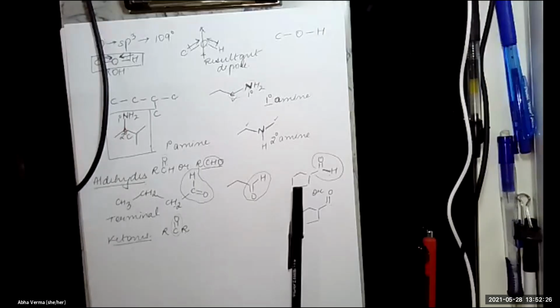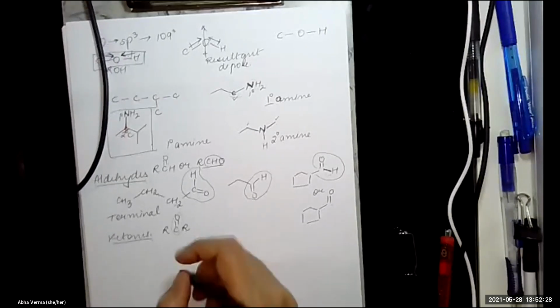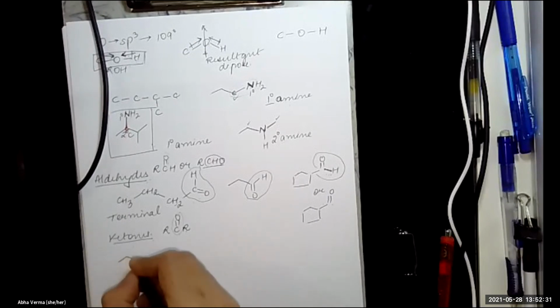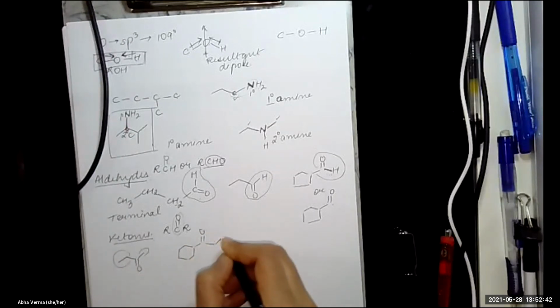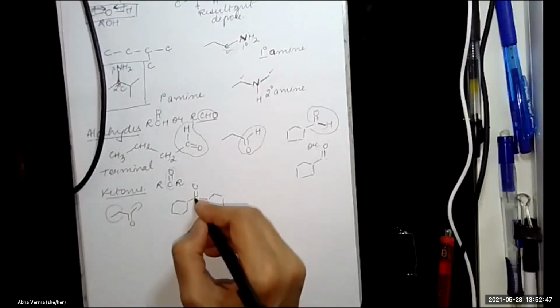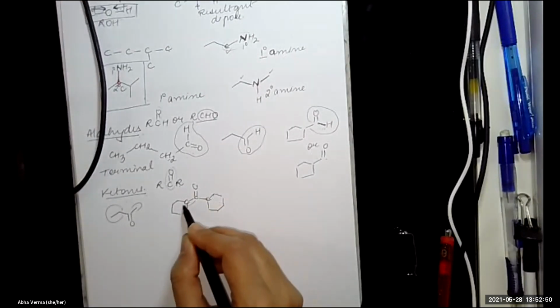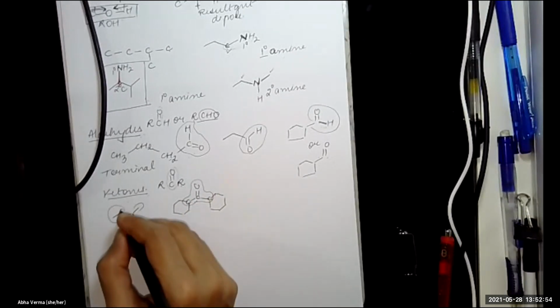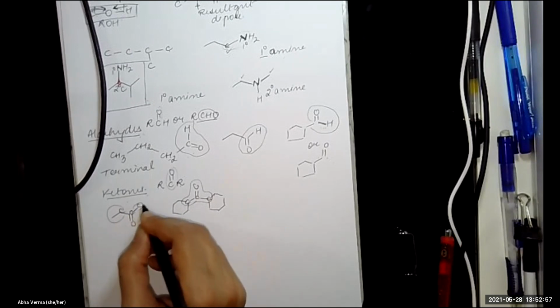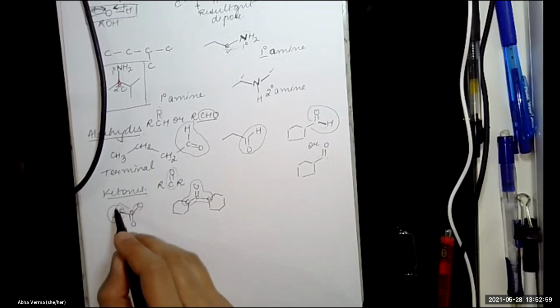And just like our ethers, your ketones can be asymmetrical, where this R group and this R group are different, or they can be symmetrical. Do you think this is a ketone? CCC, the COC pattern is still there. The C carbonyl C pattern is still here.